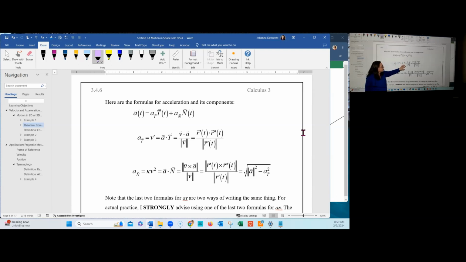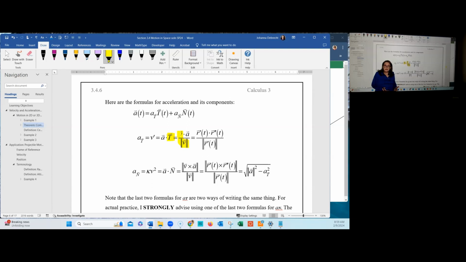That means it's the velocity vector dotted with the acceleration vector, divided by the magnitude of the velocity vector. Because the velocity vector is in the direction of the unit tangent vector, and dividing by its magnitude gives you back the unit tangent vector. So this part right here is the definition of the unit tangent vector. It's identical.